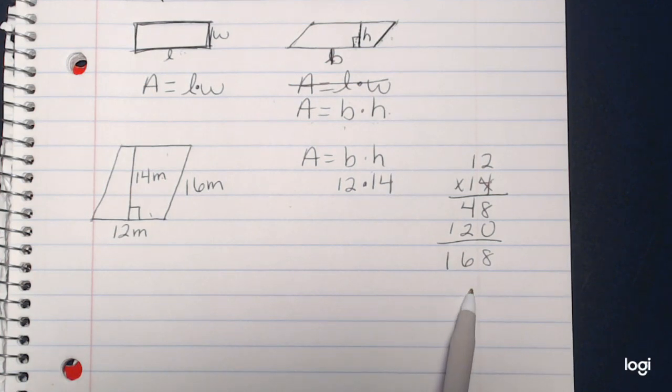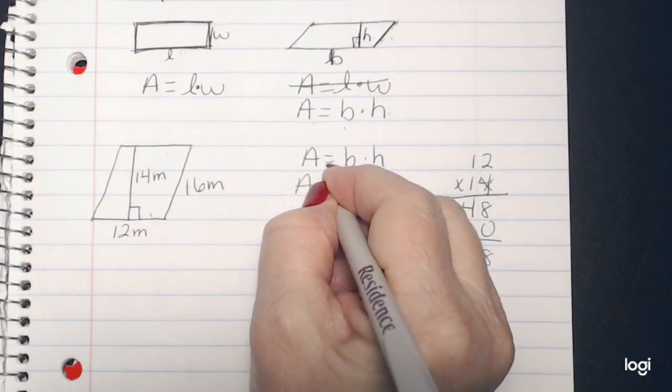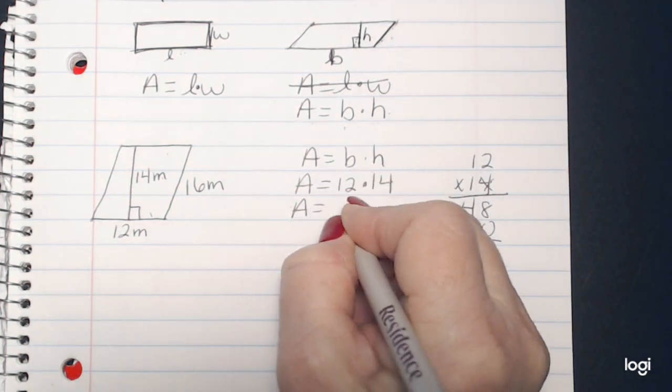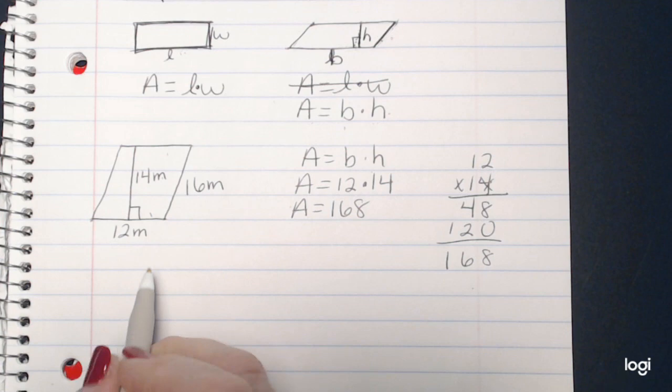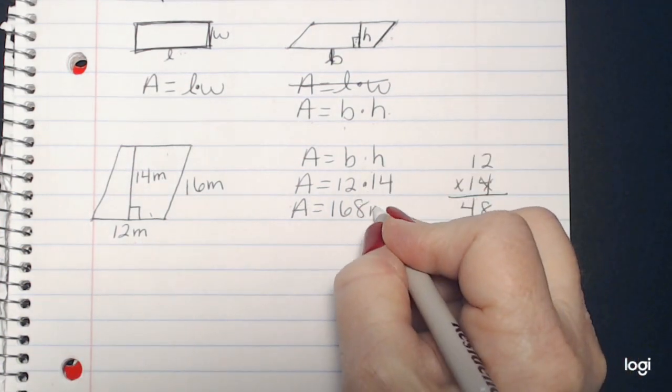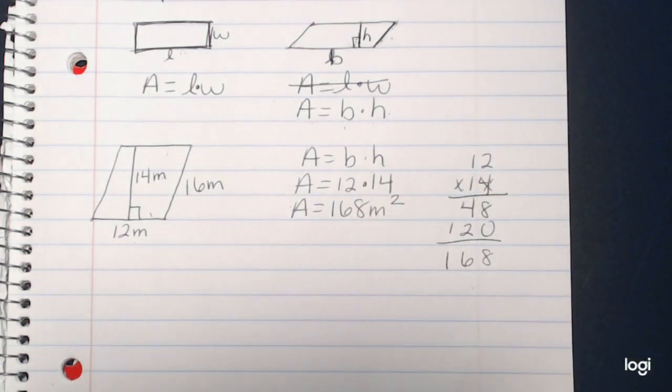I have here the answer 168. And so my area would be 168. I have a label, so we'll say meters squared.